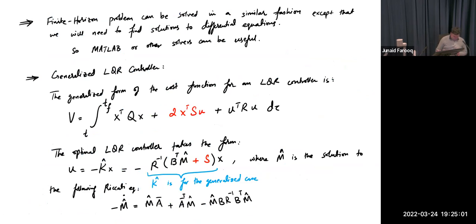Okay, so this, and then there's a Q bar. And interestingly, A bar is A minus B R inverse S, and Q bar is Q minus S transpose R inverse S. Okay, so that's the difference when it comes to a generalized form for the LQR.